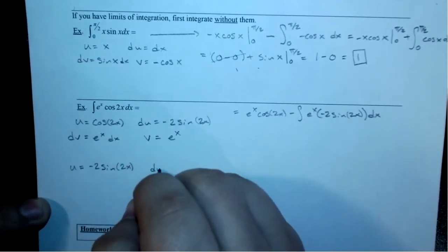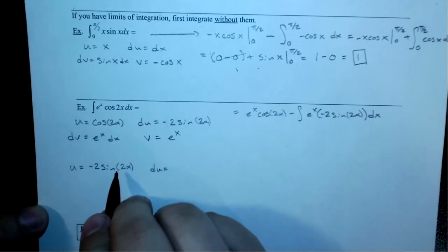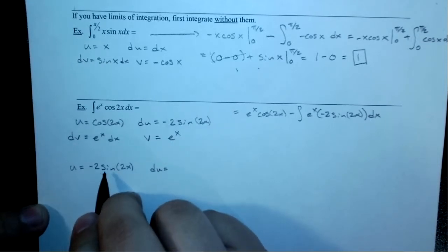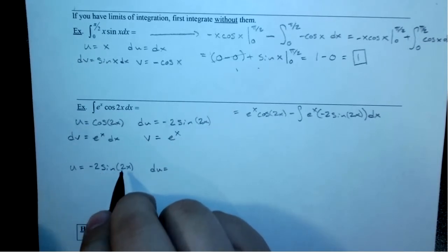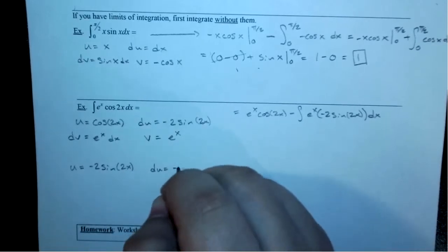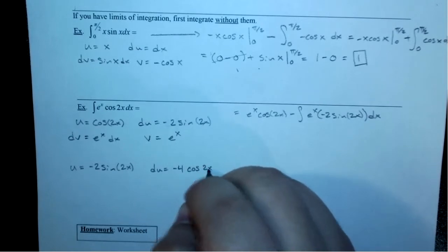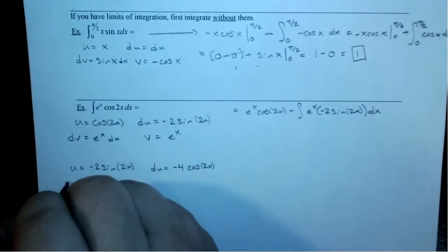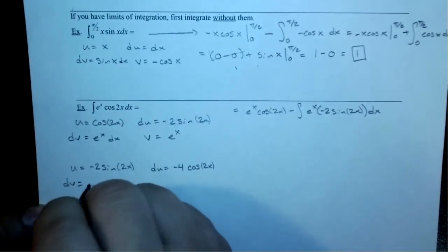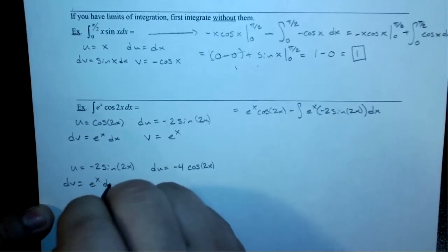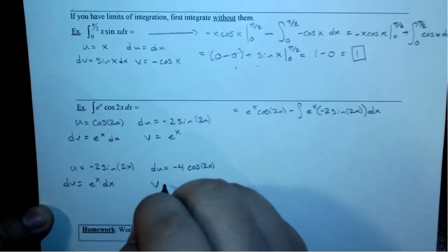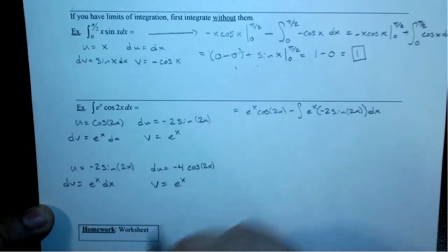So that means that du is, derivative of sine is cosine, derivative of the inside is 2, so it'll be negative 4 cosine of 2x. dv, once again, is e to the x dx, and therefore v must be just e to the x.